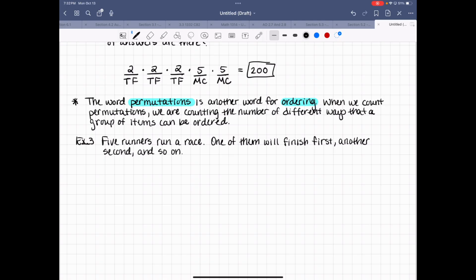In how many different orders can they finish?